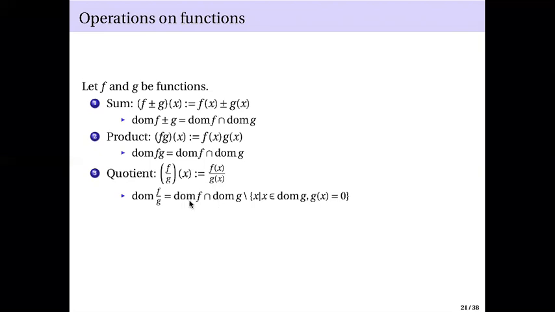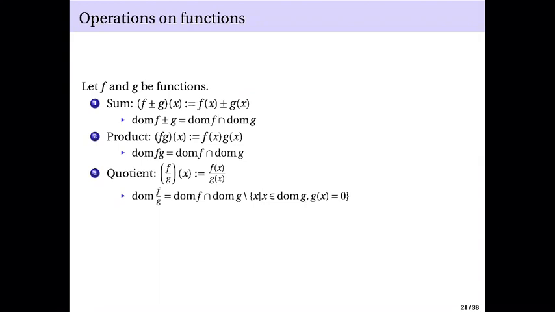So aside from getting the intersection of the domain of f and the domain of g, you also remove those x's that will make g of x equal to 0. Take note of that. This will be clearer when we consider examples later.